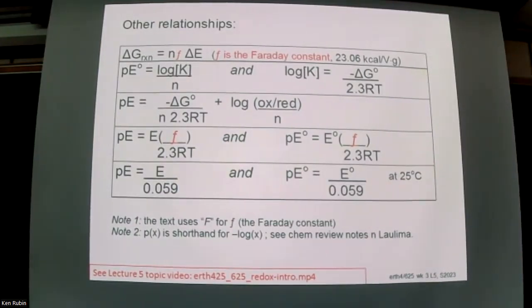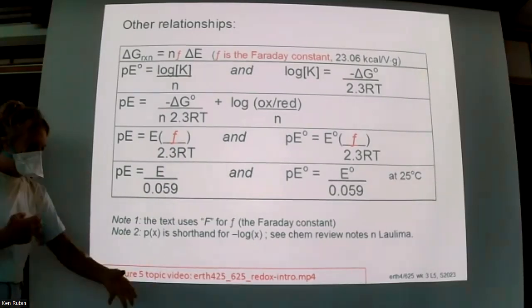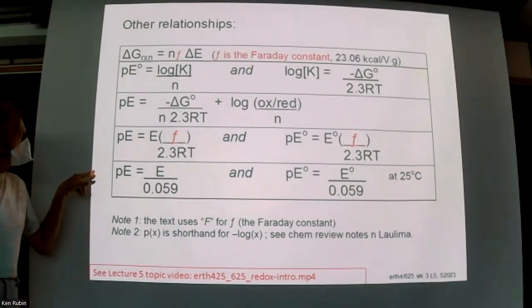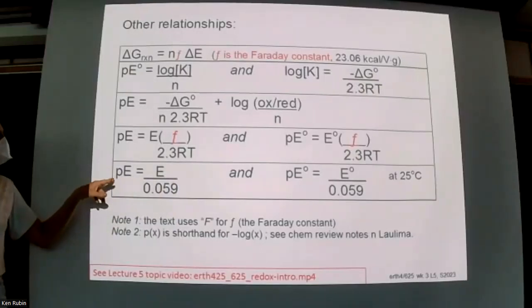The other kind of important thing I want you to recognize is that there's this parameter, PE. It's basically just a minus log of the electron activity in the environment. I'll define that for you a little bit better in a second. But we can use two different ways to express how oxidized or reduced an environment is, and that's shown here in this bottom expression.